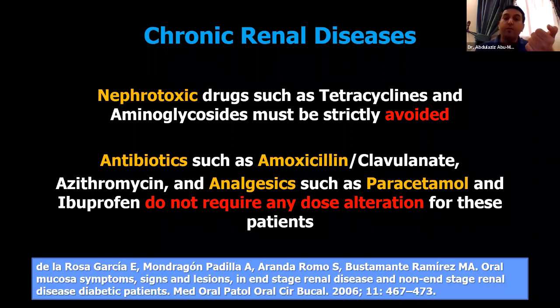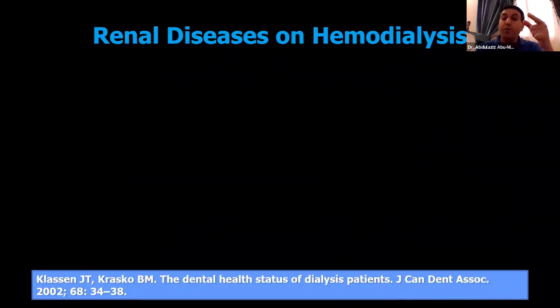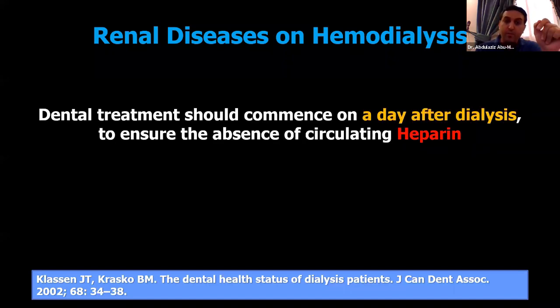You can use antibiotic prophylaxis with renal disease if they are on hemodialysis, though not all hemodialysis. For those patients, you need to see them the day after the hemodialysis. Why? Because during dialysis they are using heparin for coagulation, and their body washes it out.